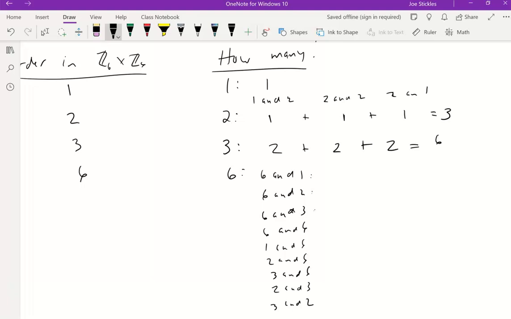And then we use our Euler phi functions again and multiply. How many elements of order 6 are possible? 2. Good. So this will be 2 times 1. This will be 2 times 1. This will be 2 times 2. This will also be 2 times 2, right? So those will all be 2, 2, 4, 4.